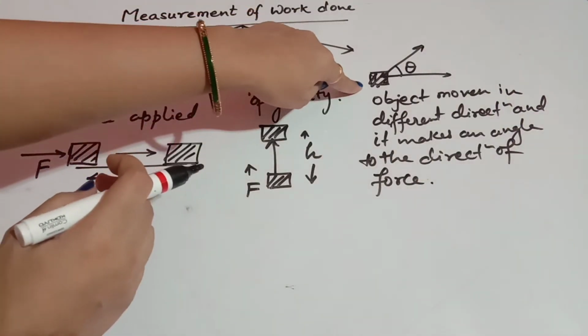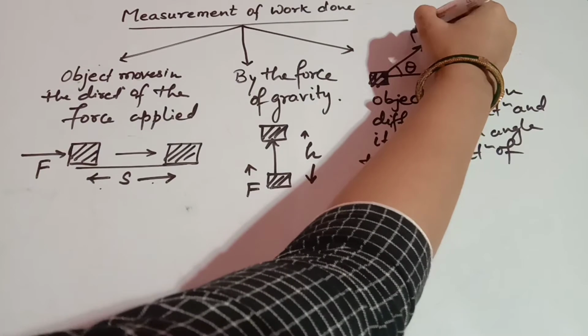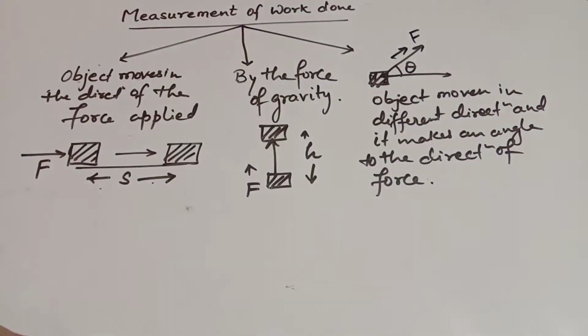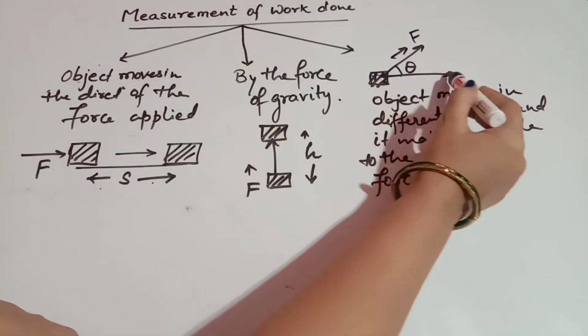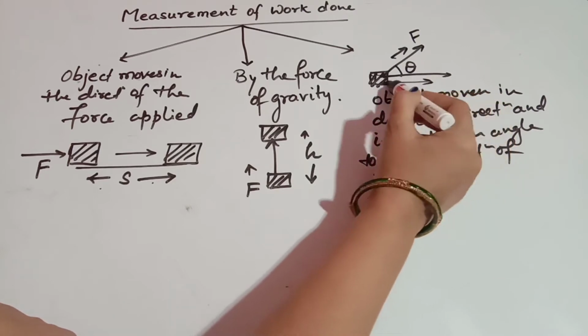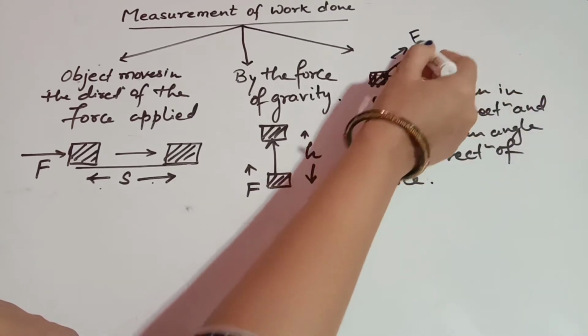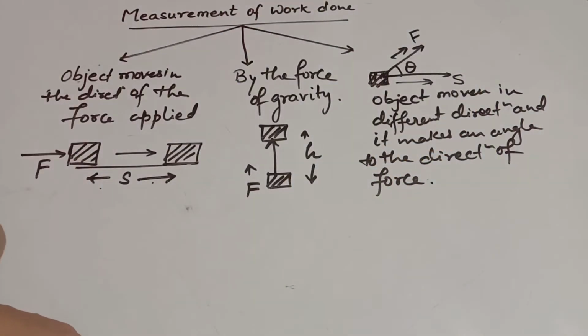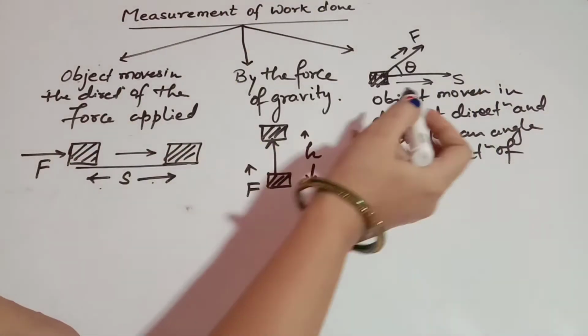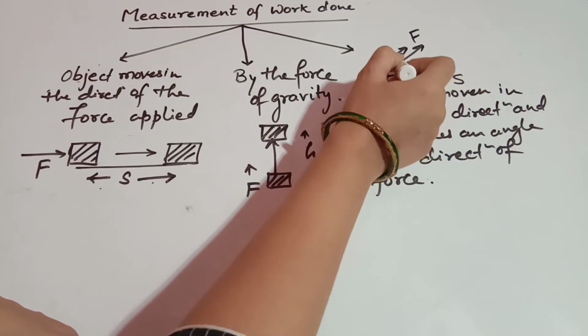This is your object. This is the direction of force and your object is moving horizontally. This is the displacement of the object. Then the displacement of the object and the direction of force on the object are both in different directions and both make an angle theta between them.